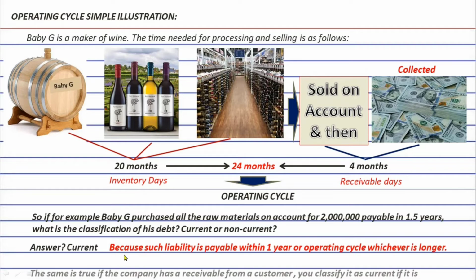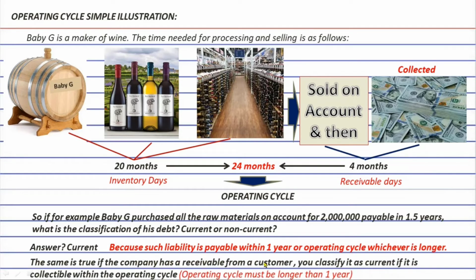The same is true if the company has a receivable from a customer. You classify it as a current asset if it is collectible within the operating cycle, provided again that the operating cycle is longer than 1 year. Now, I know it's already clear, but let's make it clearer by having the conclusion.